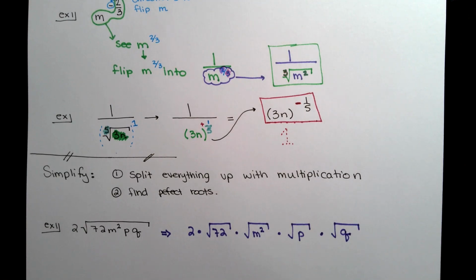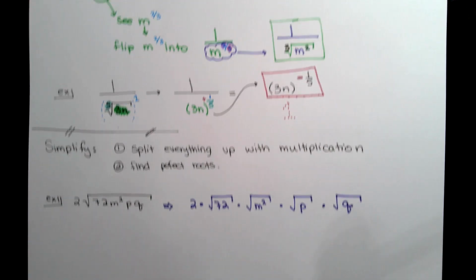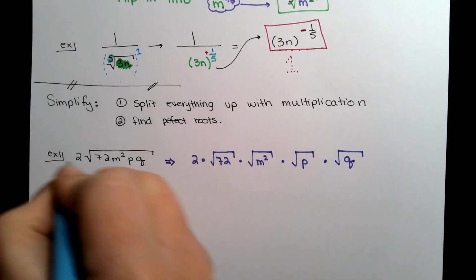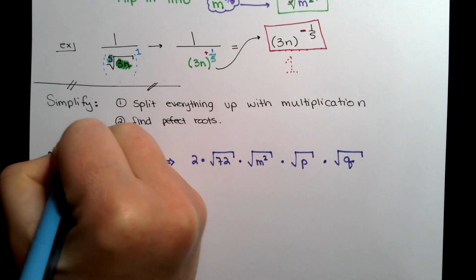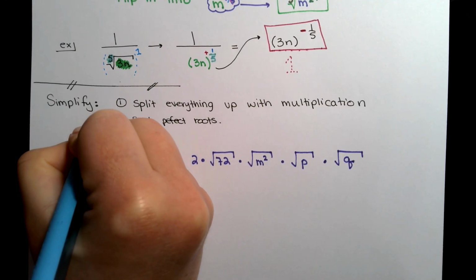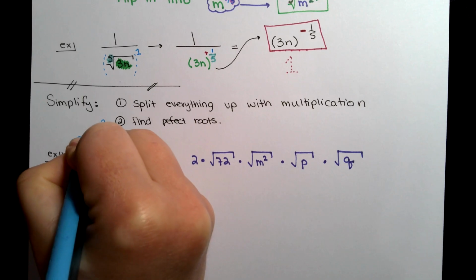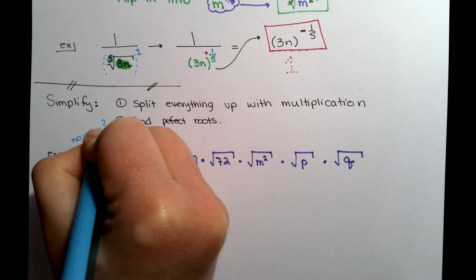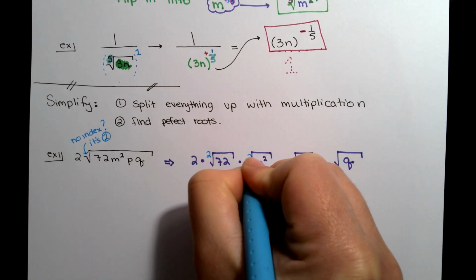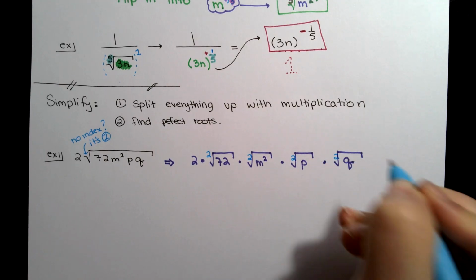Now, if there is no index, it is very helpful to write in the index. So our index is missing. So that means if you have an index missing, the index is 2 for your square root.